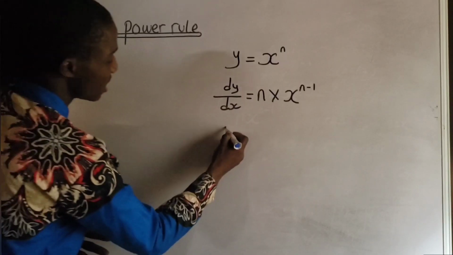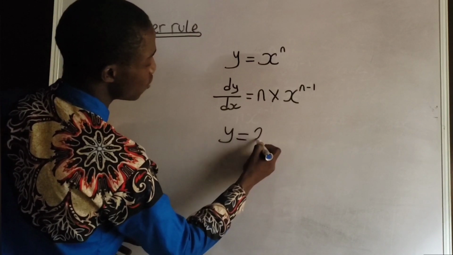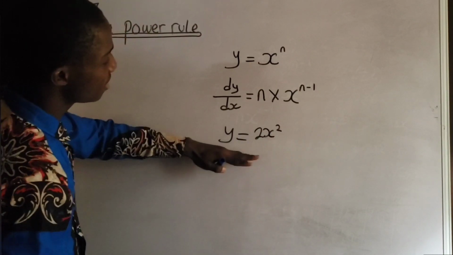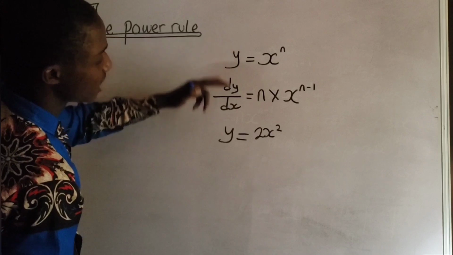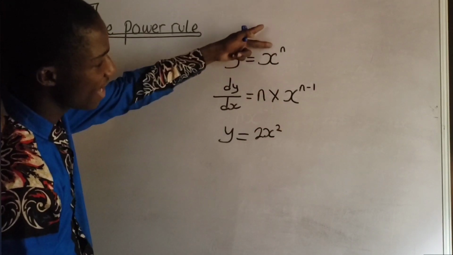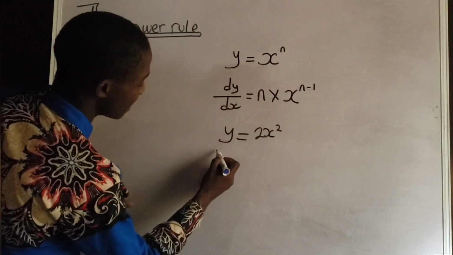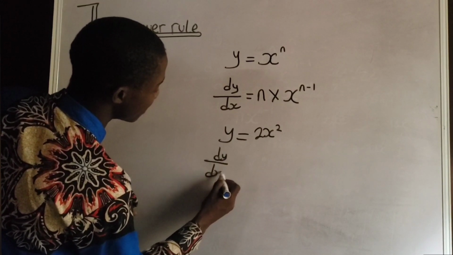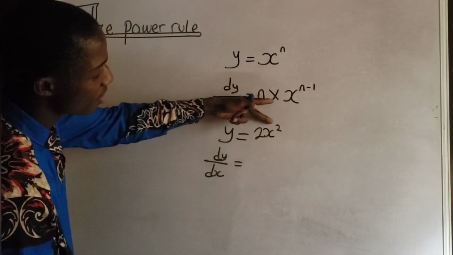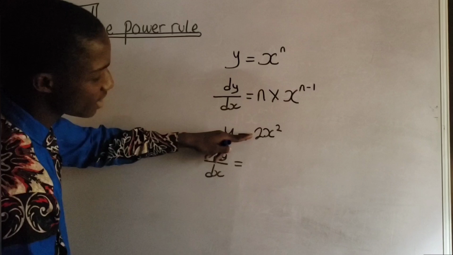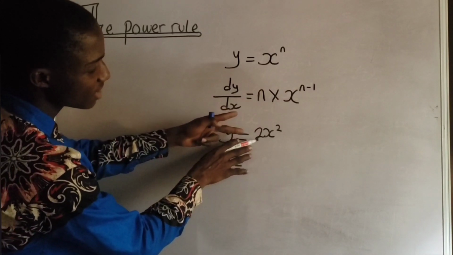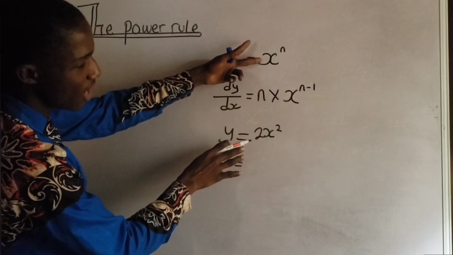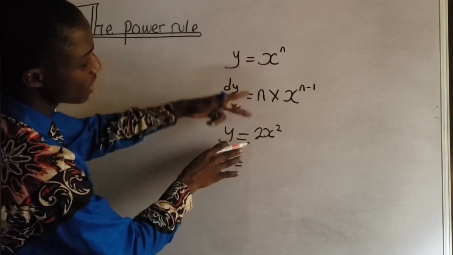Now if you are to differentiate a function that looks like this, y equals 2x squared, comparing this function with this function, you can see that n is 2. So in that case, I can say that dy all over dx is equal to the power, don't forget the power, which is 2. We multiply the coefficient. In this case, the coefficient of x is not 1. The coefficient of x is 1 in the example that I used, but the coefficient of x is 2 in this case.